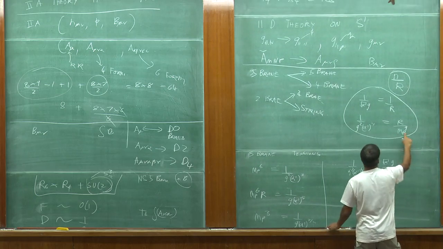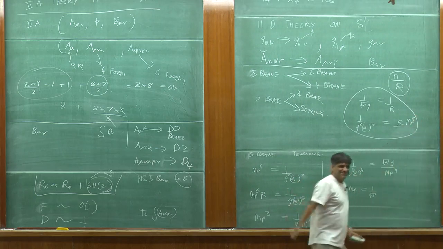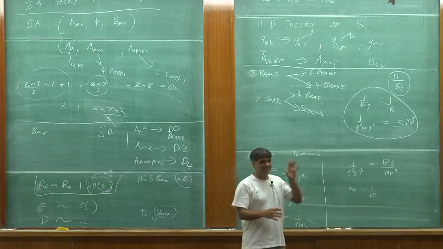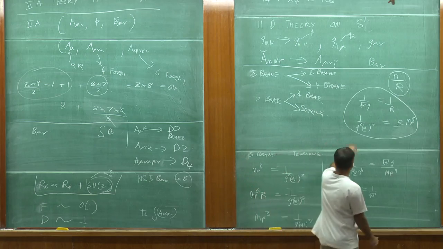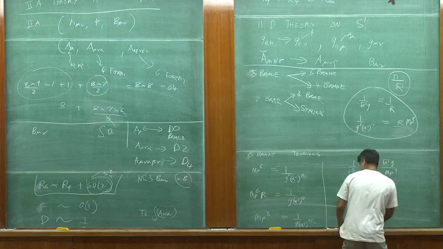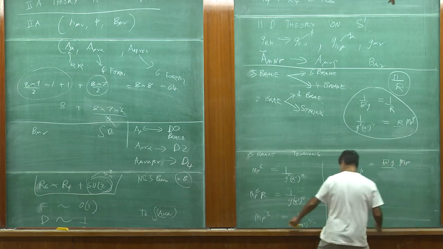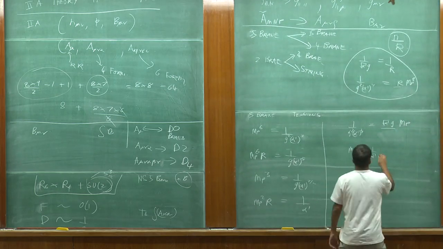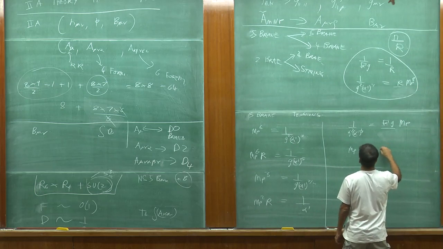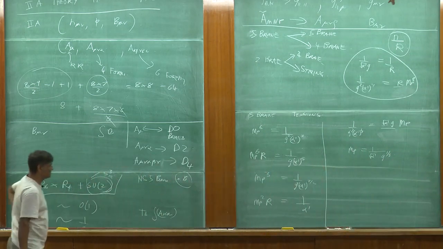This one should have been mass. It's mass to the 9th power is Newton's constant. Sorry, dimensions weren't working. So this one was MP. And so we get MP is this times 1 over G cube, or 1 over G to the power 1 by 3. Right?